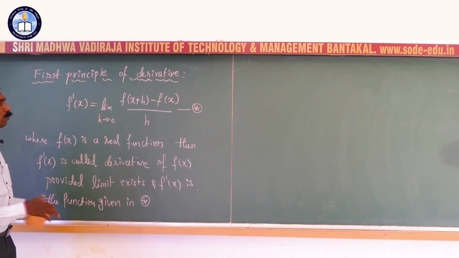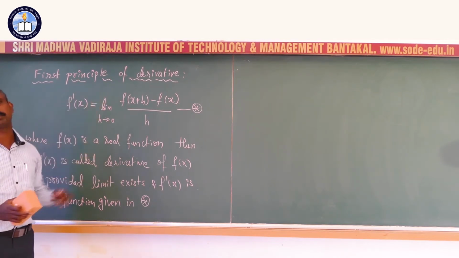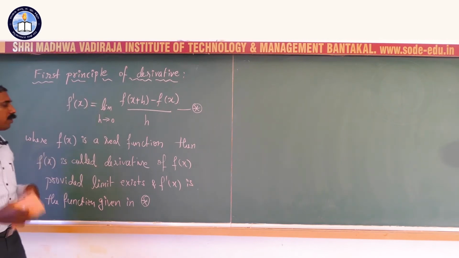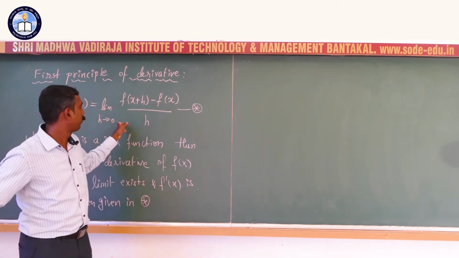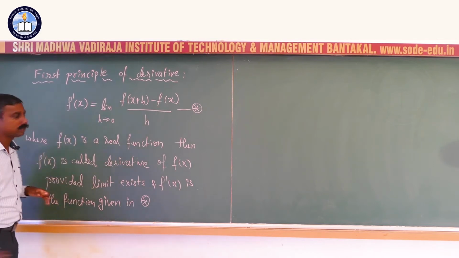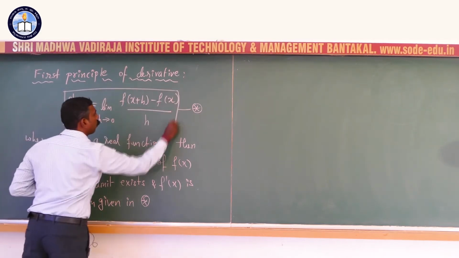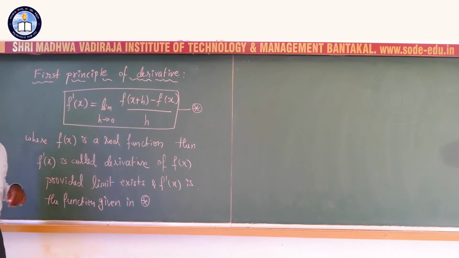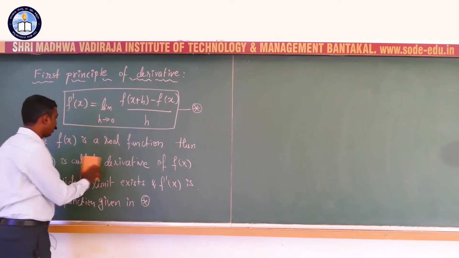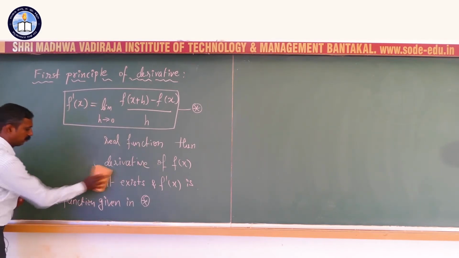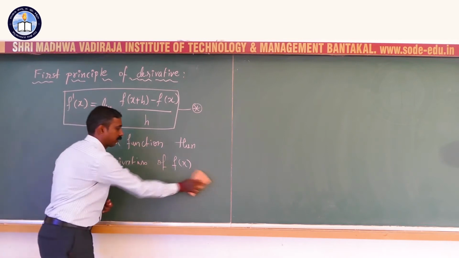This is called the first principle of derivative. Now, how to use this first principle of derivative, this star, to obtain the derivative of some standard functions? That is what we will be checking in this particular class.